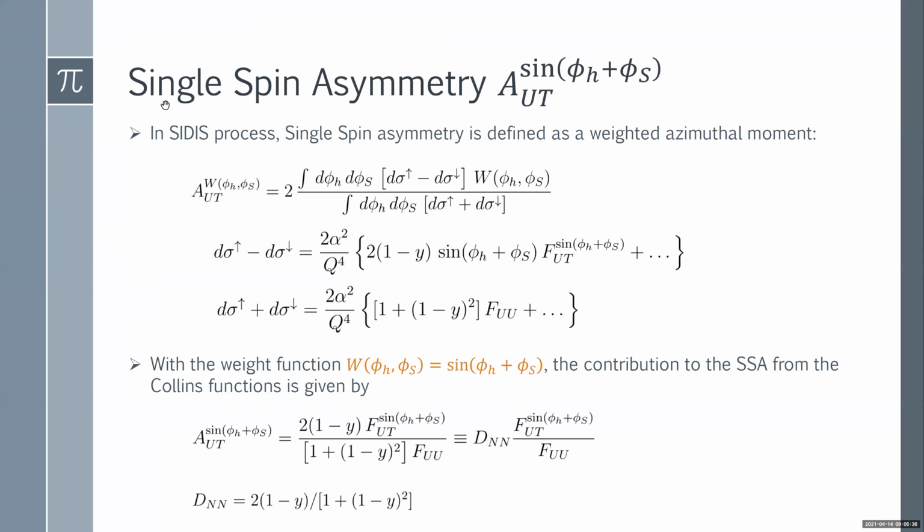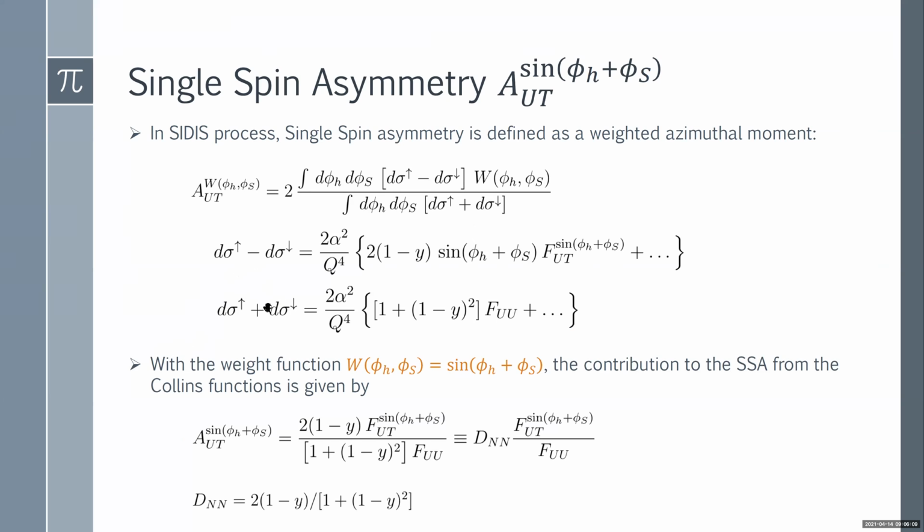Here we study the single spin asymmetry, particular to the SIDIS process, defined as this weighted azimuthal moment. In the numerator, the difference of the polarized cross sections gives these expressions, containing the convolution of the transversity distribution h1 and the Collins fragmentation function.